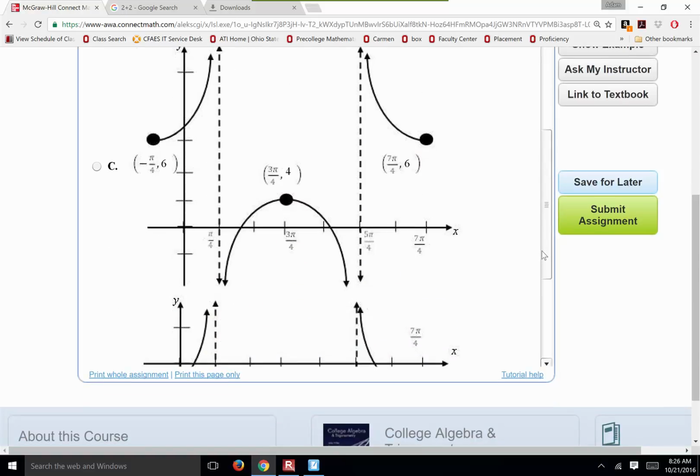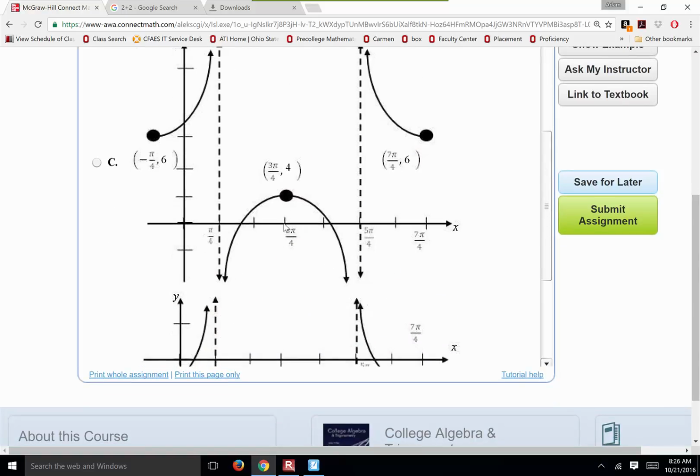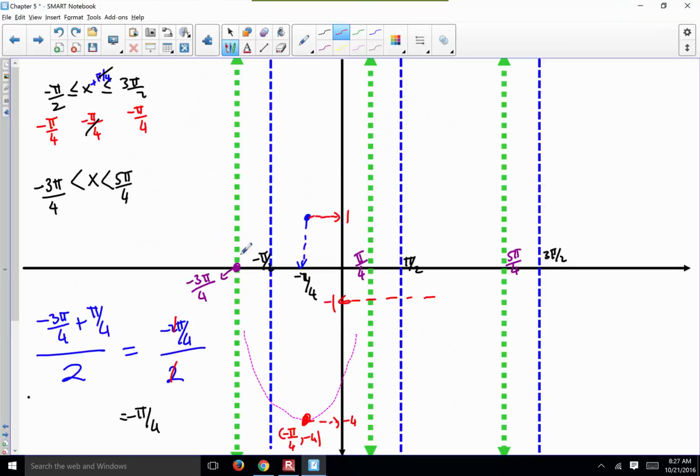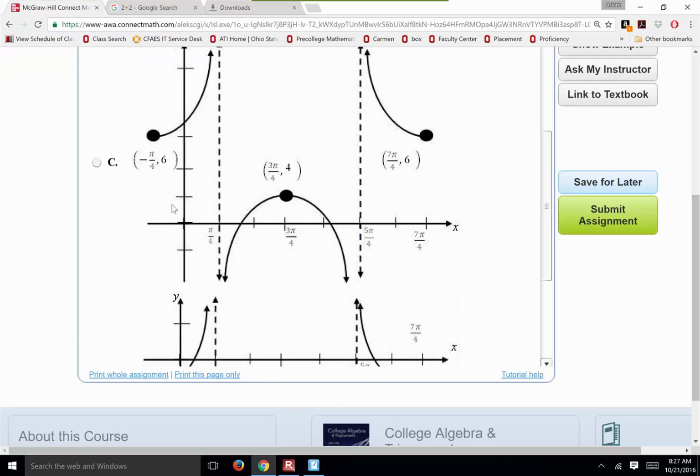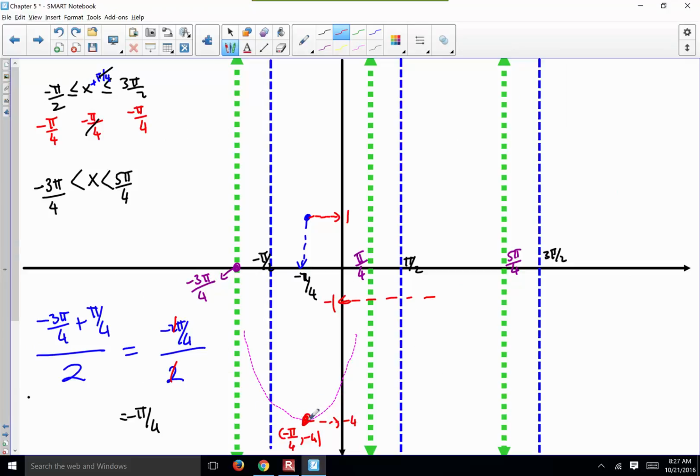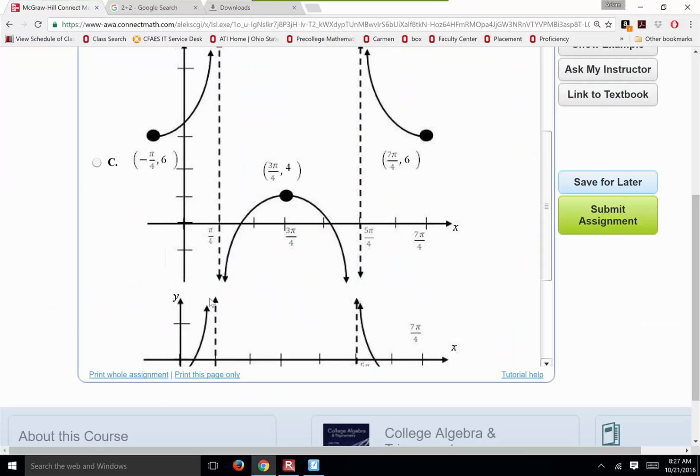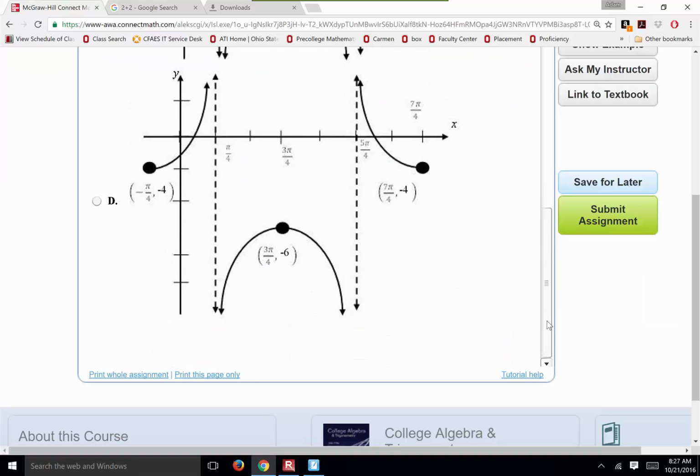Is it this one? No, this has asymptote at π/4, but it's too high. We don't have something here. We need to go lower. I wish this was down somewhere like this, right? Is it correct?